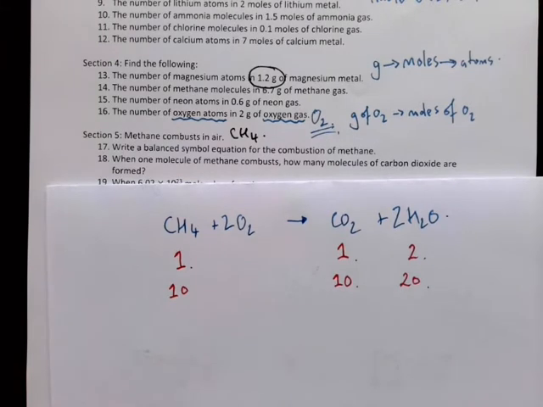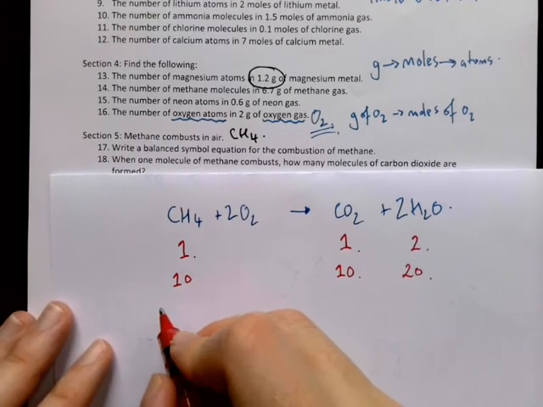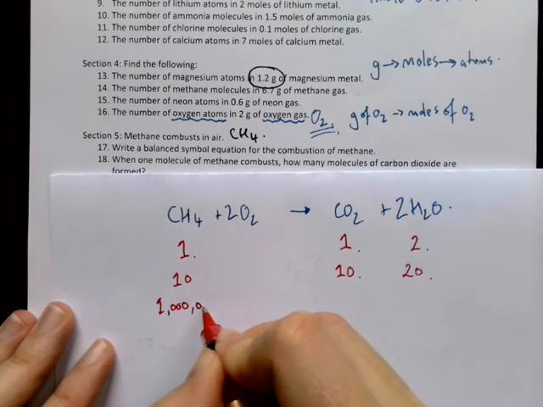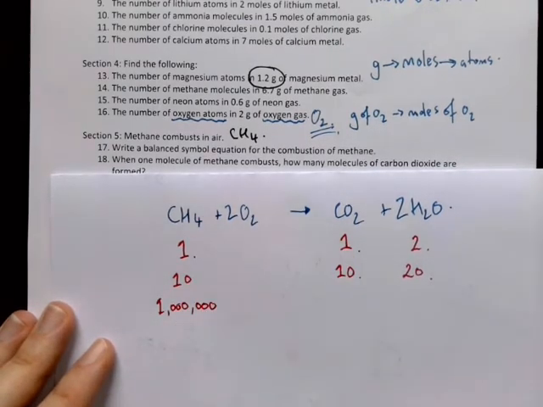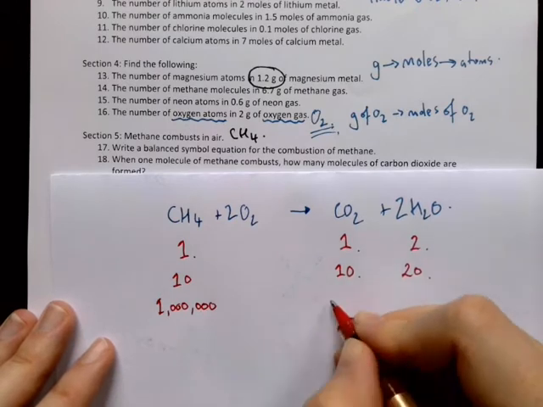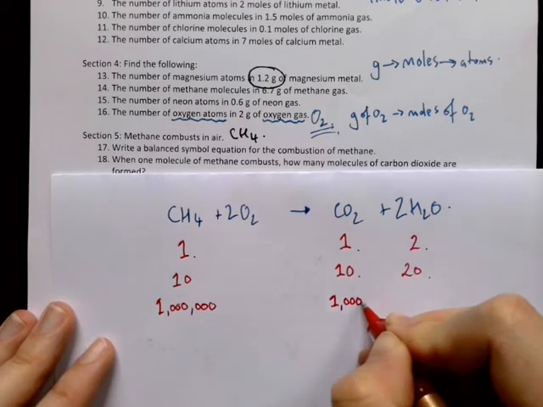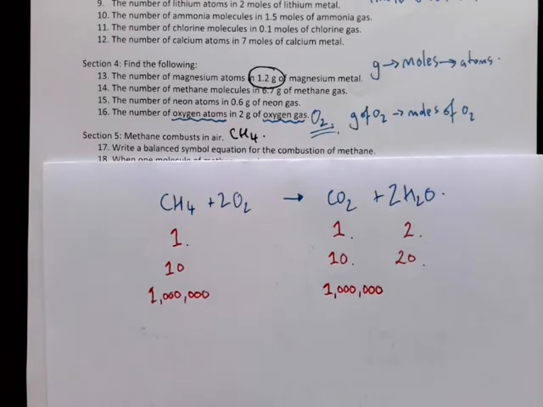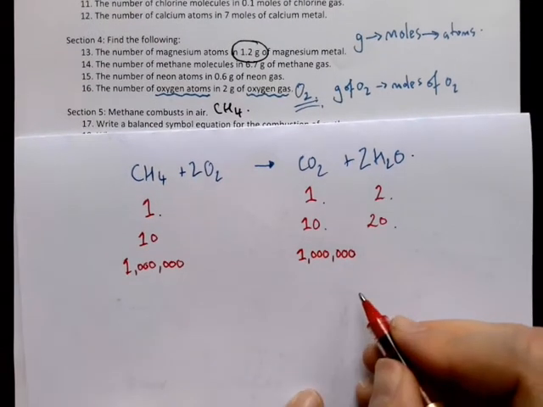Okay, now I can use this for any number. So I could say, well, let's say I've got 1,000,000 molecules of methane. How many molecules of carbon dioxide will I make? I'll make 1,000,000. All right, and I can do this another way.